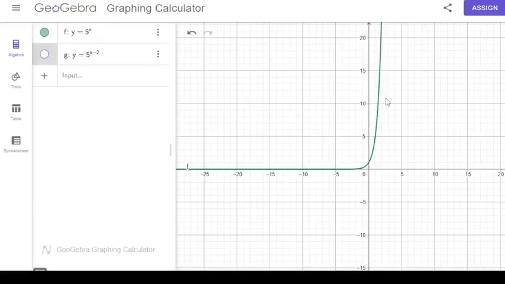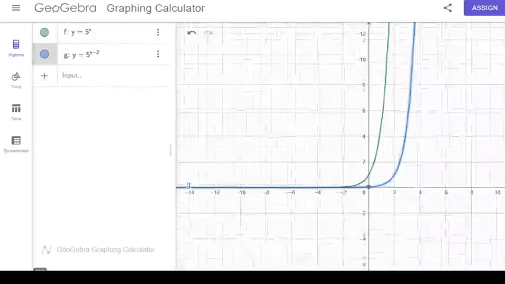That is the graph of y equals 5 to the power of x. Now I want to show y equals 5 to the power of x minus 2. It's exactly the same, but it moves 2 units to the right side. So if I show it, let me enlarge it again.